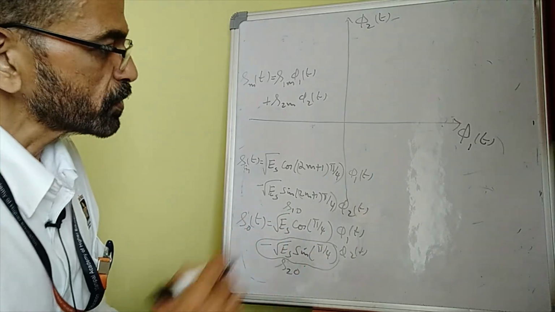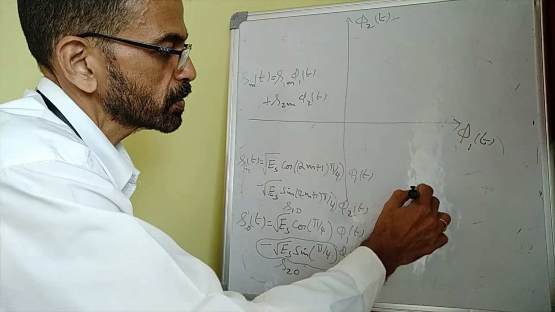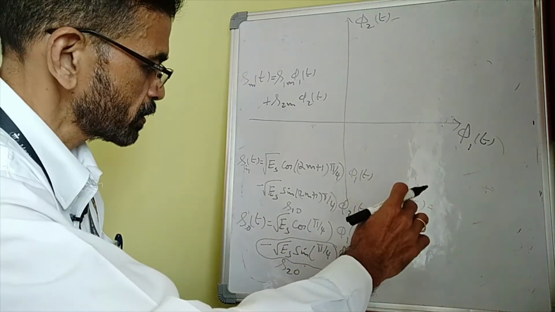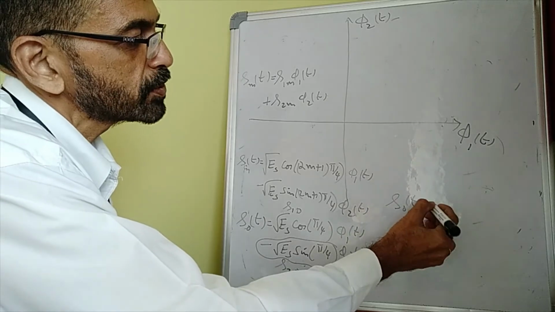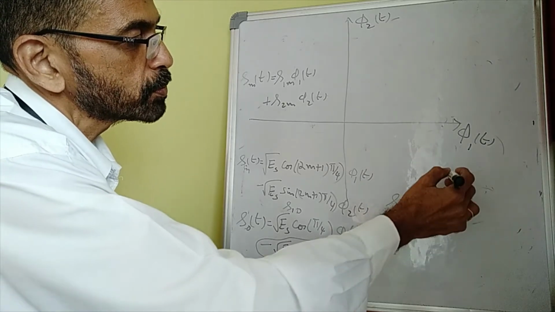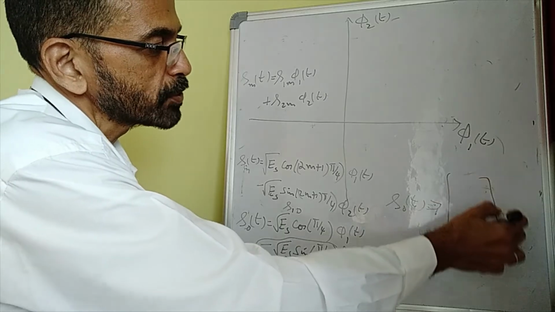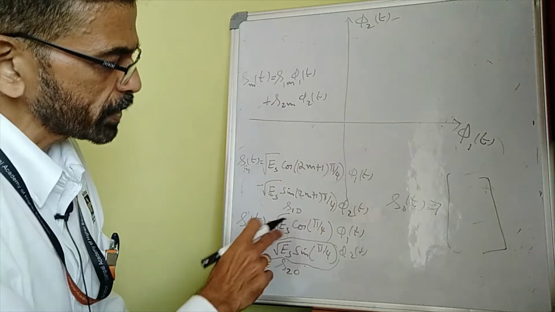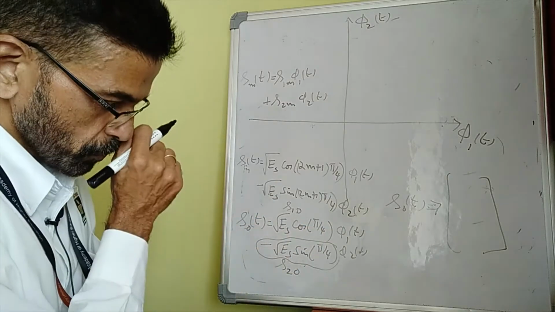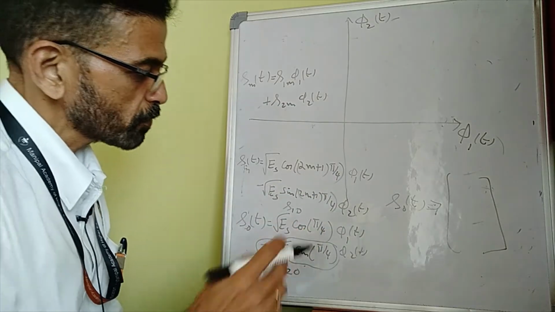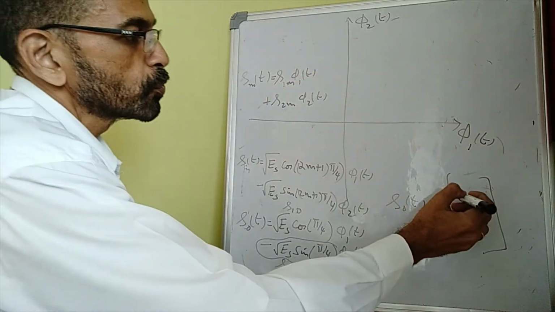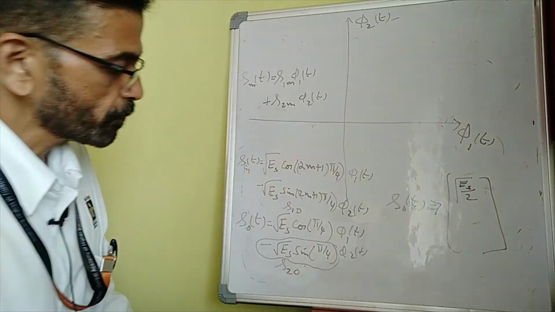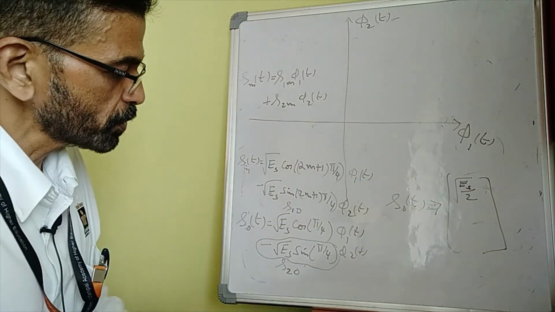Okay, so that means the signal S0(t), the first signal in our set of 4 signals, will have its coordinates. I have not put equal to because I'm just going to show the coordinates when we express this signal as a point in a 2-dimensional space. So its coordinates will be S10 and S20, which will be cos π/4 is 1 by root 2, so root Es by 2, and sin π/4 is also 1 by root 2.